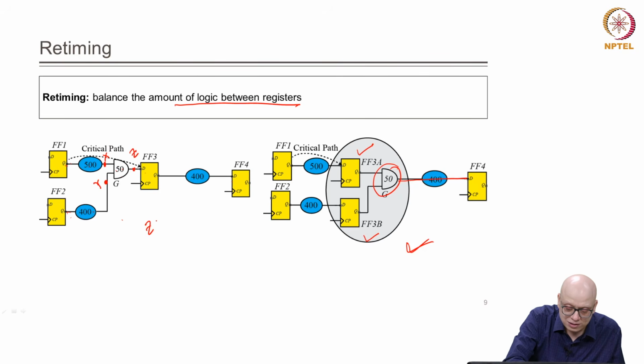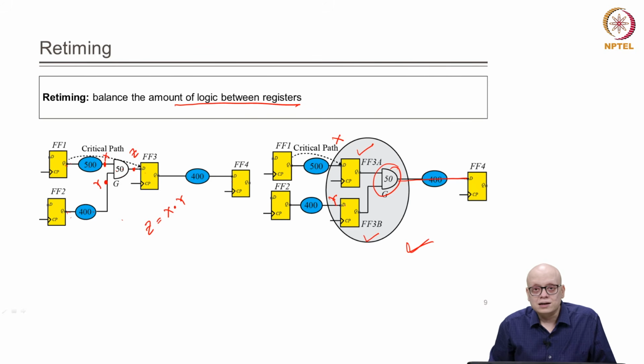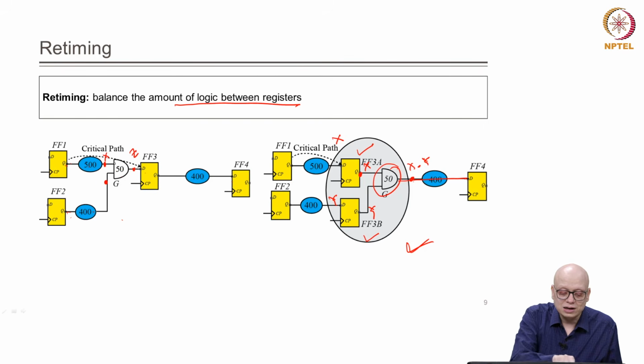So, Z was equal to X and Y. In the other circuit, what we have done is that we have taken X and Y directly at these flip flops, and in the next clock cycle this will be X and this one will be Y, and this point will be X and Y, and that will go to the D pin of FF4, and therefore this circuit is functionally equivalent to the other circuit.